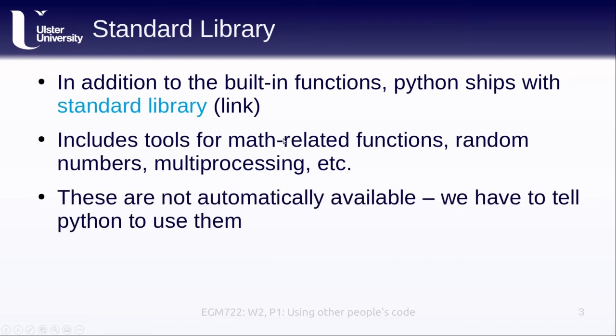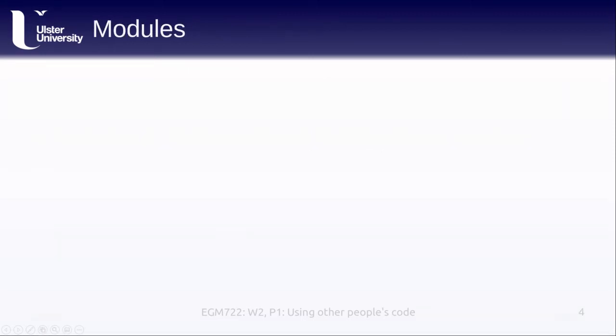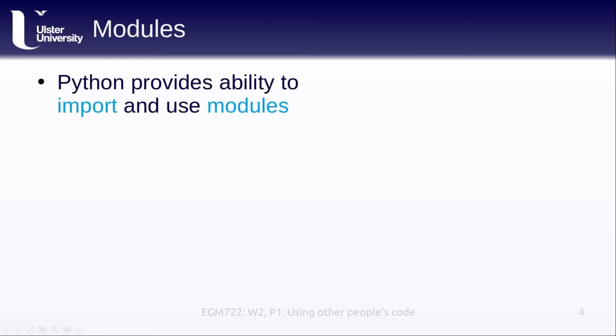But these are not automatically available to us when we open up the Python interpreter or when we're writing a Python script. We actually have to tell Python to use them in order to be able to use them. So we can use these external modules using something called an import statement.